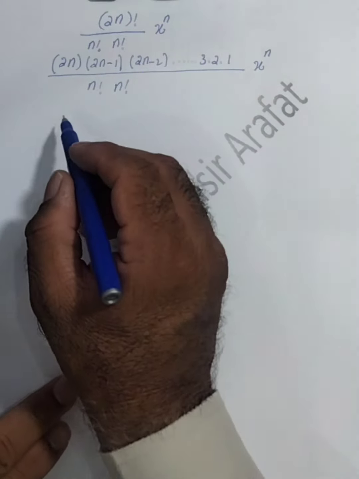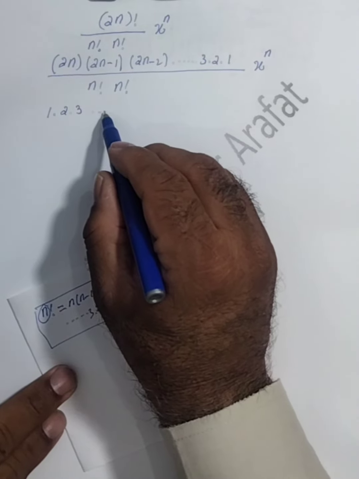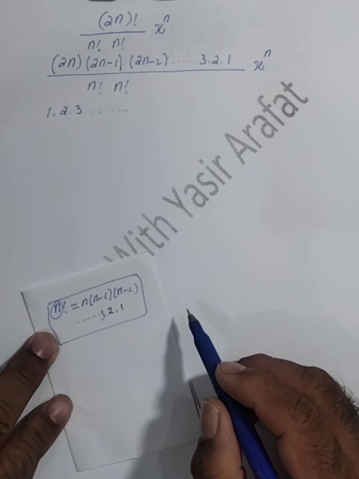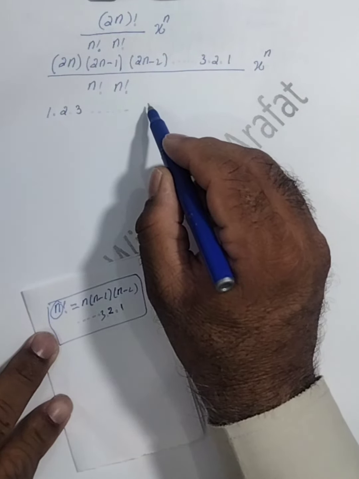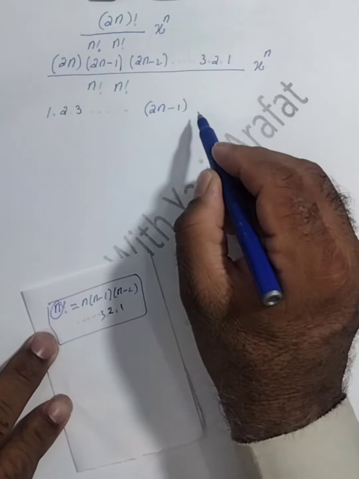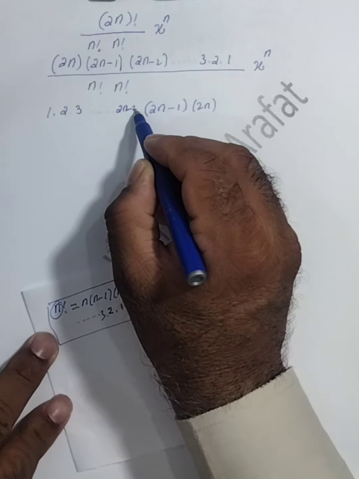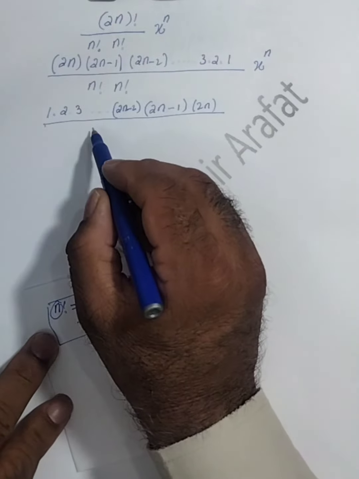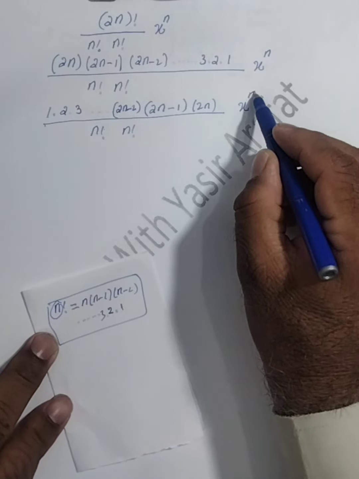Now we can write this like this: 1 into 2 into 3, and so on, up to 2n minus 2, 2n minus 1 and 2n, divided by n factorial into n factorial, and x power n.